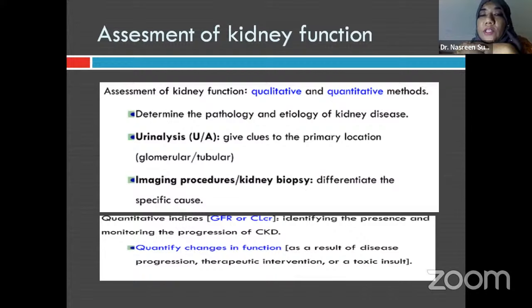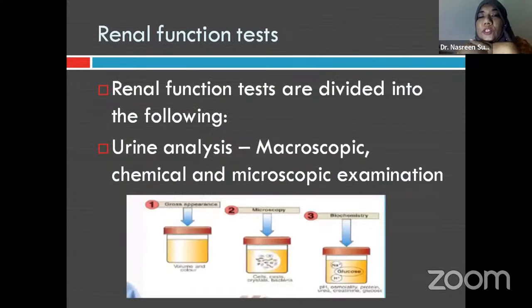Then imaging procedures and kidney biopsy. The above ones are qualitative, and in quantitative methods you have glomerular filtration rate and creatinine clearance rate, which quantify the changes in function.